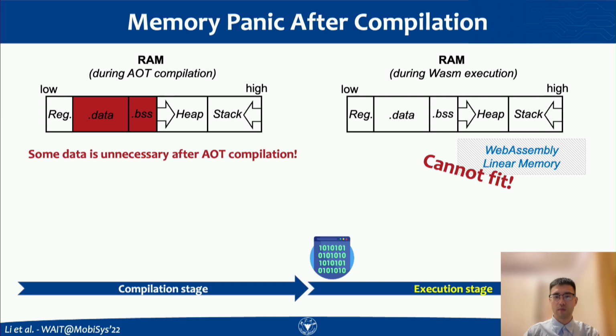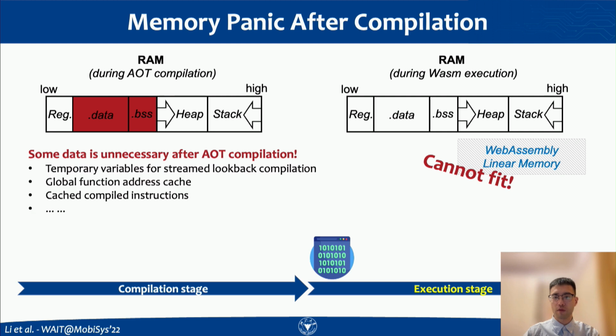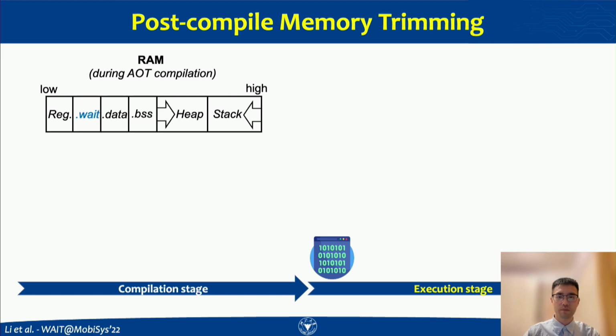We found that some data in the data and BSS sections is unnecessary after the AOT compilation, such as the variables we use for streamed lookback compilation, the cache of global function addresses, and the cached compiled instructions. While some WAIT variables are still useful after the compilation, such as the variables kept for receiving new WebAssembly modules.